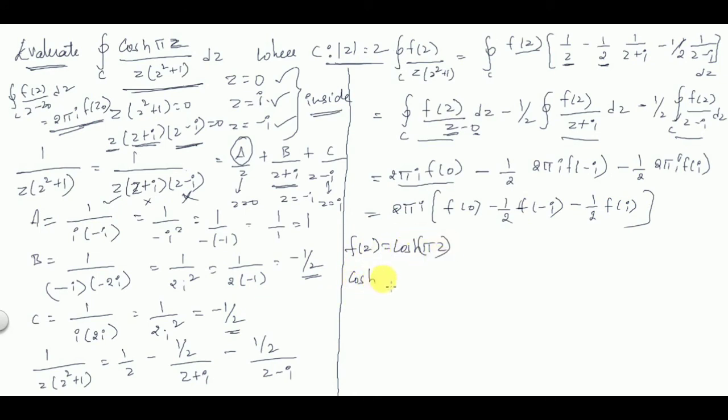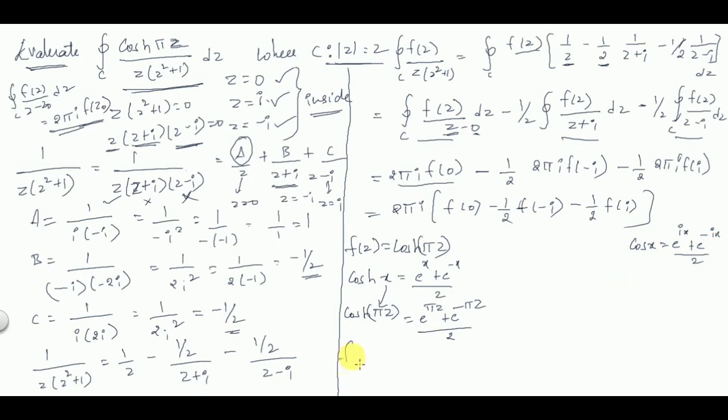We know that the cosh x formula is (e^x + e^(−x))/2. Similarly, cosh(πz) is, in the place of x you have πz, so it will be (e^(πz) + e^(−πz))/2. Also we know that the cos x formula is (e^(ix) + e^(−ix))/2. Just remember these two and you can solve easily.